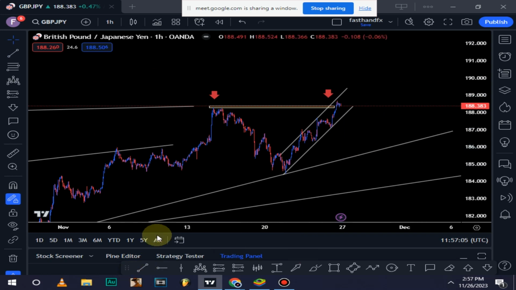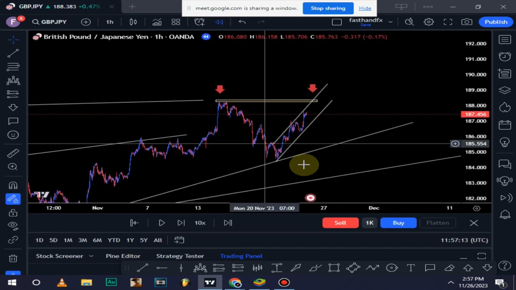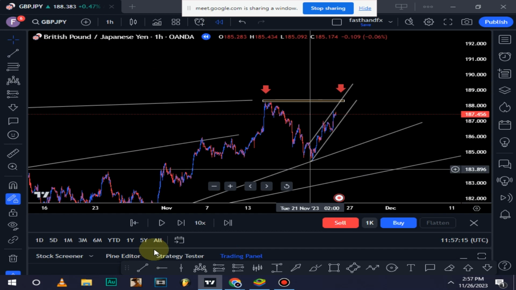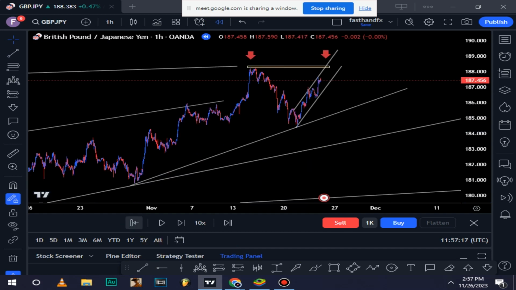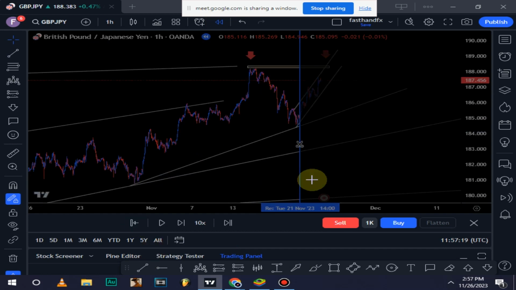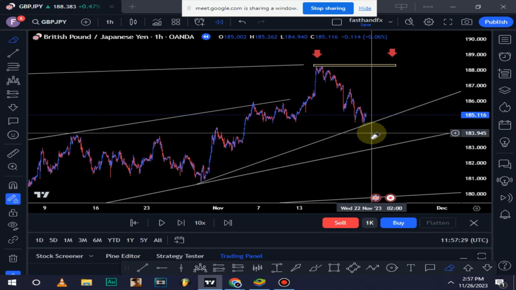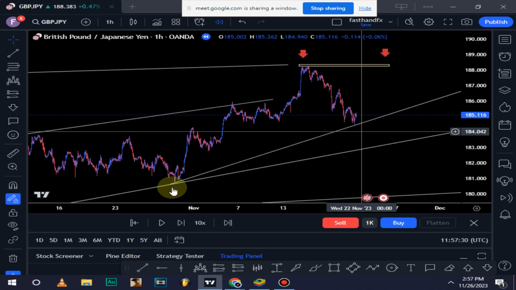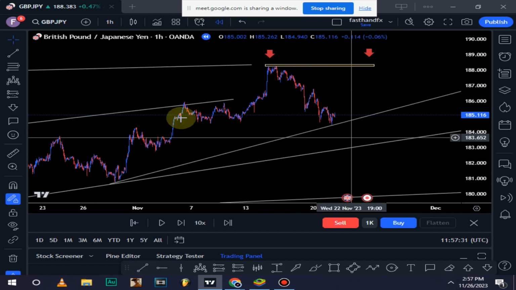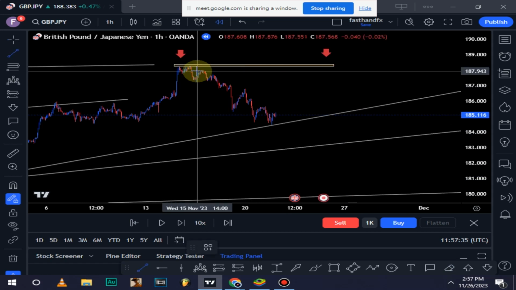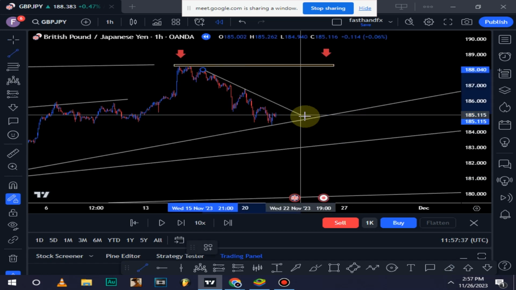So let me try something. I need to understand that kind of behavior. I like to do this, so let's understand what the market is doing. Oh, okay. So the market went, then there was this kind of bearish pattern.